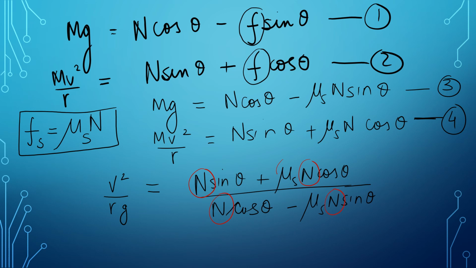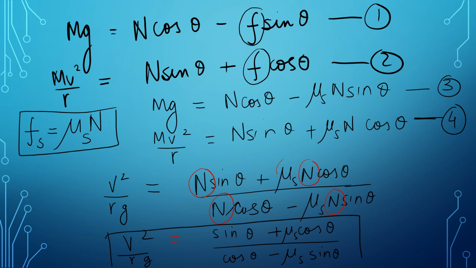So you can take N common from the numerator and from the denominator as well, and they'll get cancelled. So the equation becomes sine theta plus mu s cos theta over cos theta minus mu s sine theta, equals v square by rg. So you can calculate the safe limit of speed while moving on the banked road using this equation number 5.